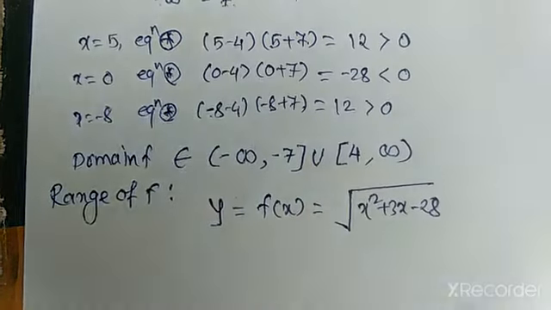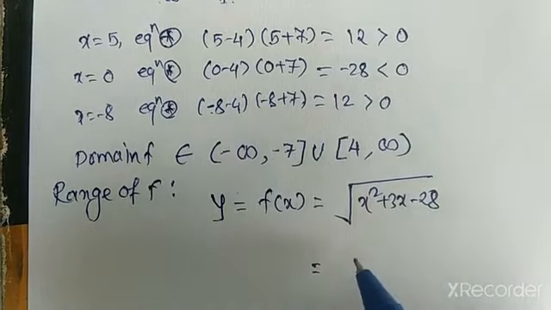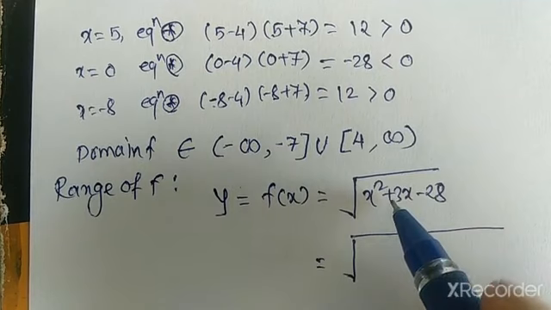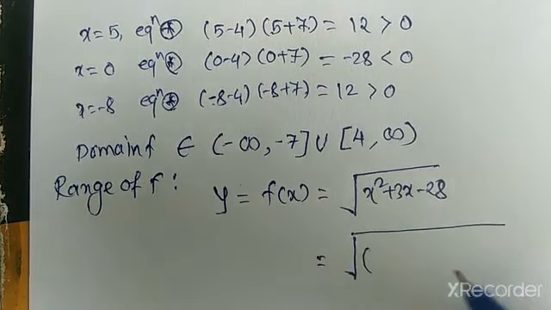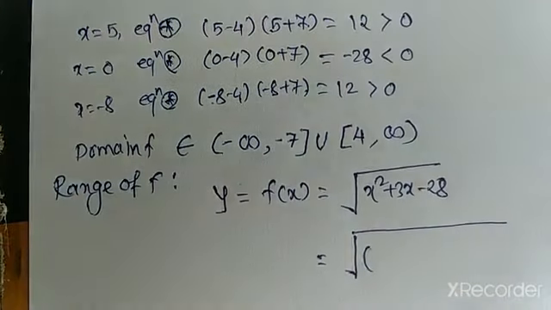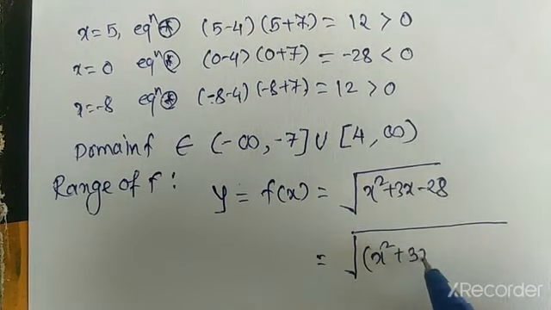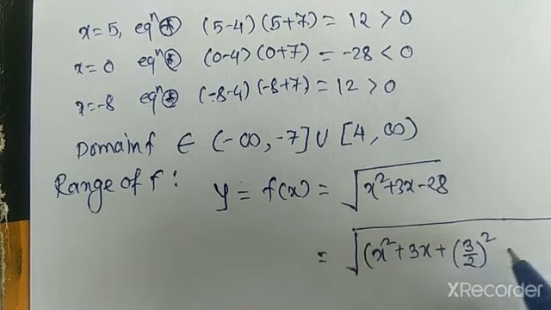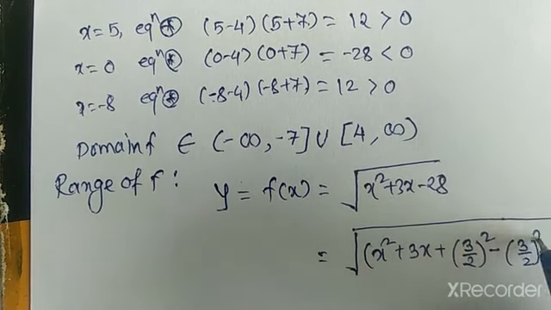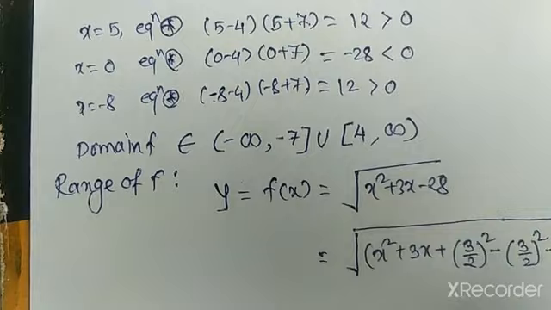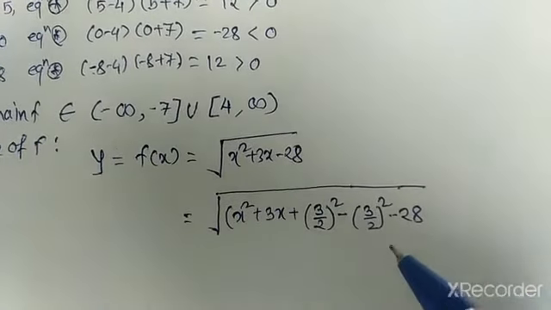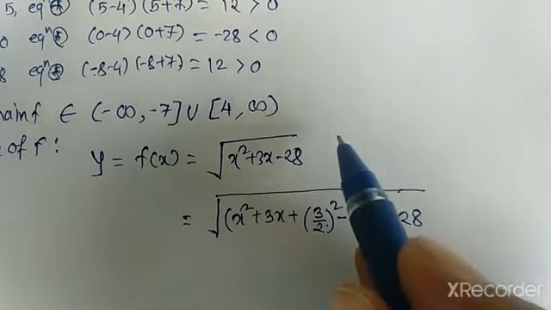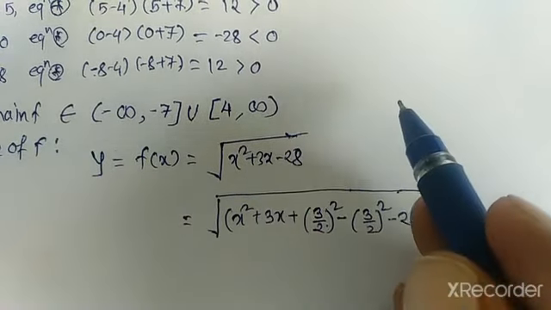Here we adjust the terms so that we can write it as square root of x square plus 3x plus (3 upon 2) bracket square minus (3 upon 2) bracket square minus 28. What we are doing here is adjusting so that it becomes a bracket square.